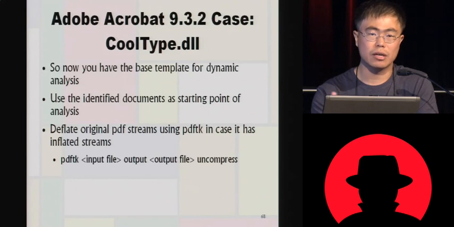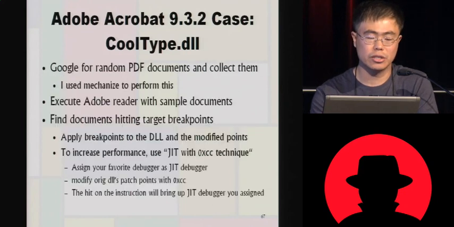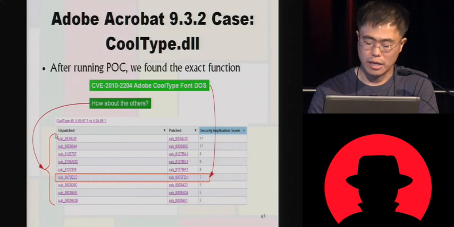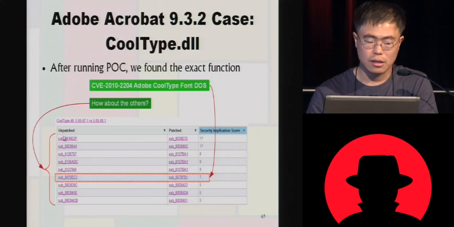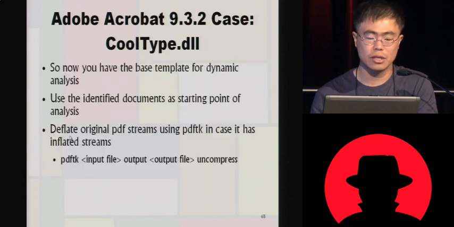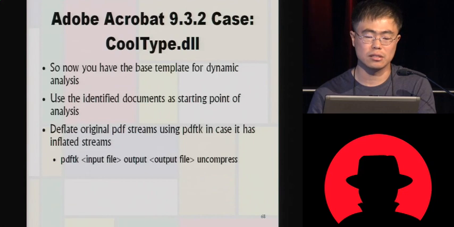After that, I could collect matching samples. I used the first example here, sub 0x or something, and I actually found the matching document that is hitting that point. But it's not an exploit, it's just a base template for your testing.